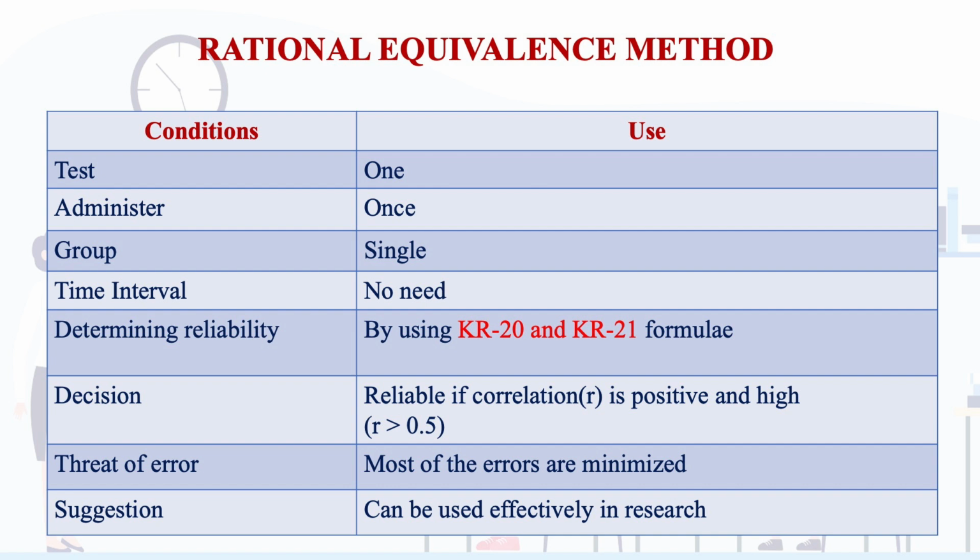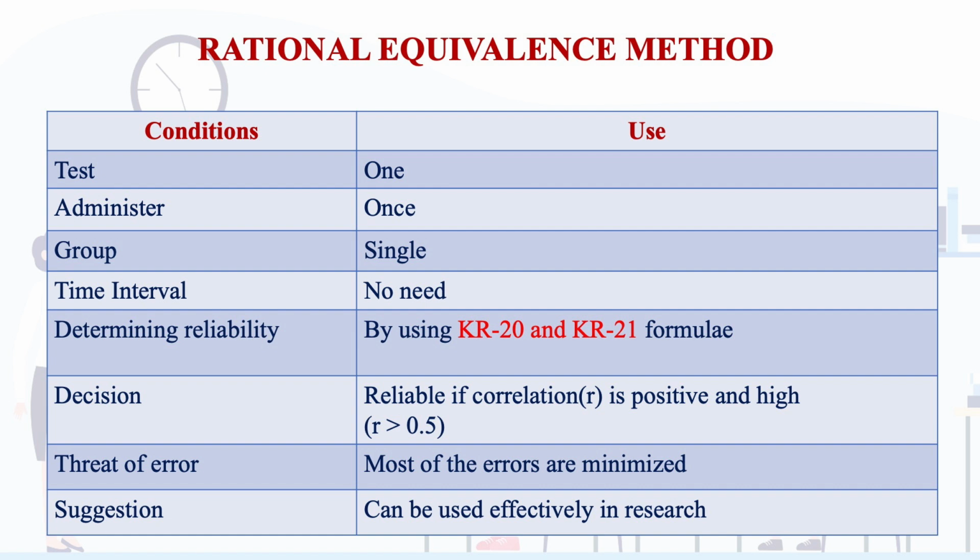Kuder and Richardson also developed another formula for determining reliability in the rational equivalence method. That's why these two formulas are highly popular for finding reliability. After using either KR20 or KR21, if the reliability coefficient is positive and high, that means R is greater than 0.5, then you can say that your test is a reliable test.